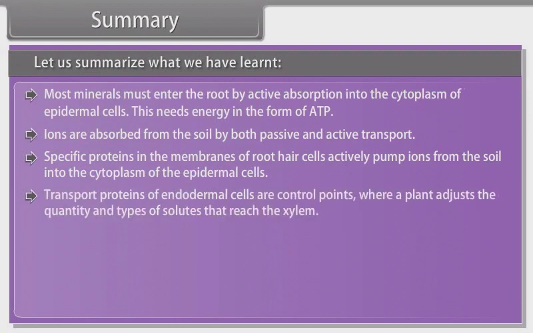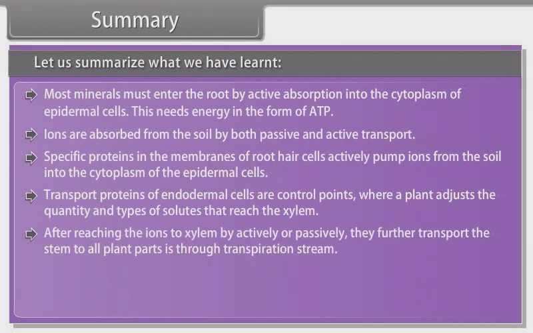Transport proteins of endodermal cells are control points where a plant adjusts the quantity and types of solutes that reach the xylem. After the ions reach the xylem, actively or passively, their further transport to the stem and all plant parts is through the transpiration stream.